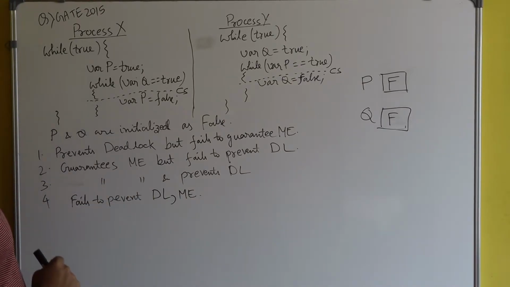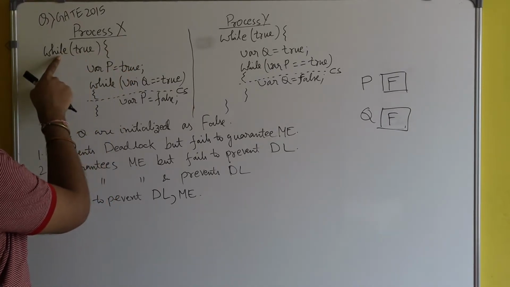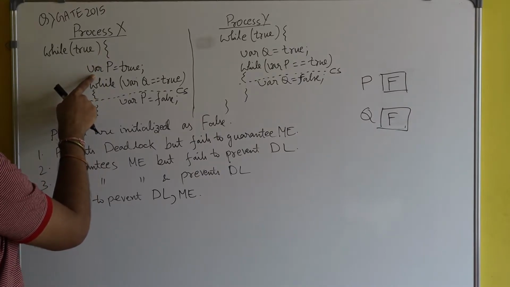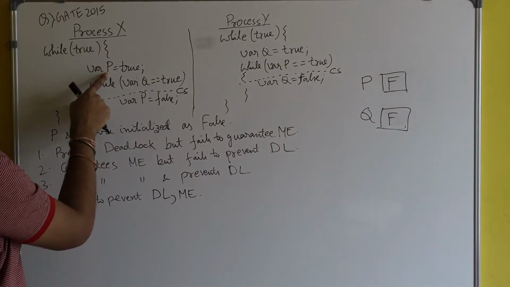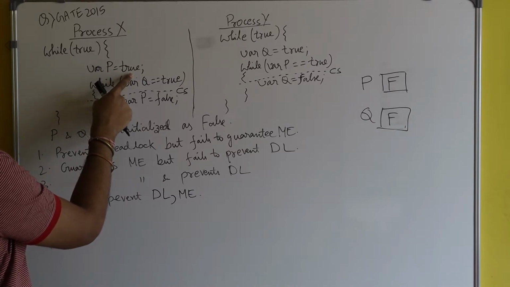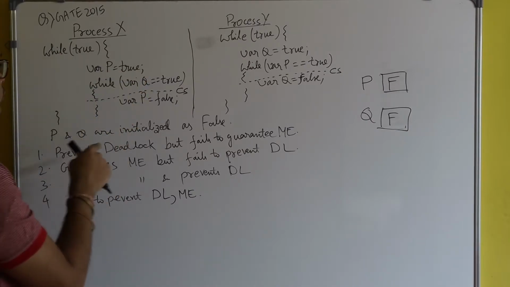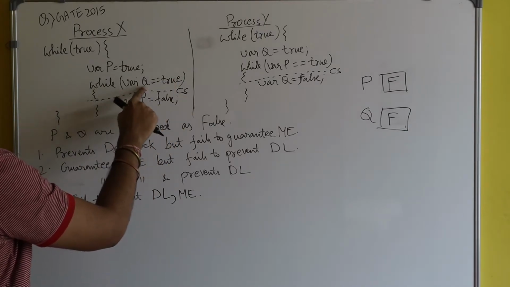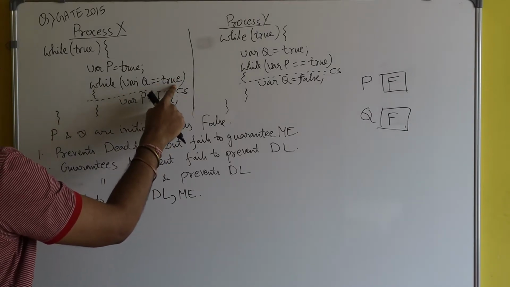So what's the code here? For process X: while true, then in curly braces, P equal to true, semicolon. After that there is a while loop with the condition Q equal to true.